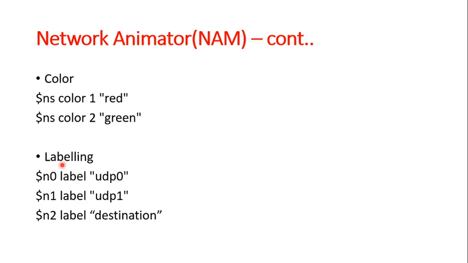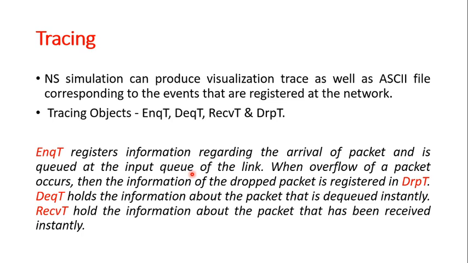In the same way, for labeling the n number of nodes, you can make use of the label keyword or label command. The label keyword will be used for assigning names to the nodes. So that is just an introduction about the network animator. Now let's move on to the very important trace file.